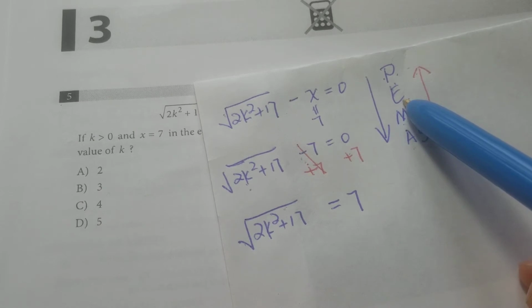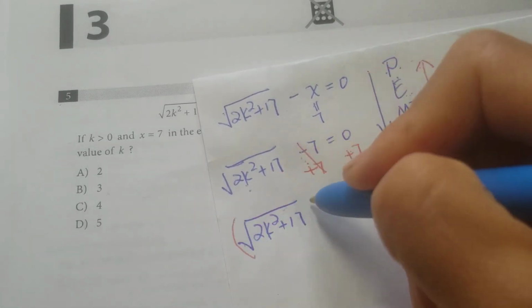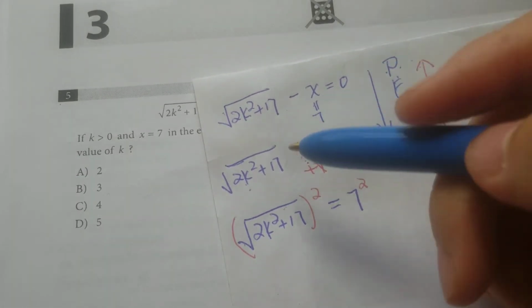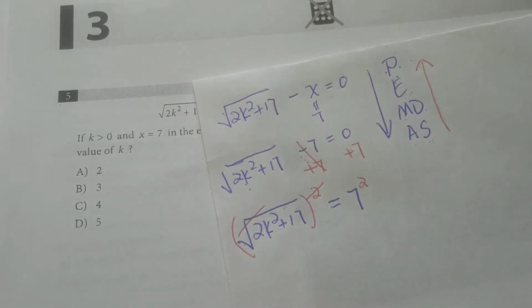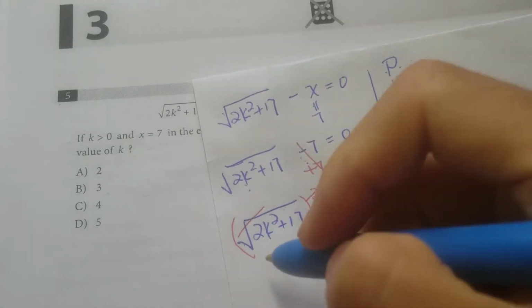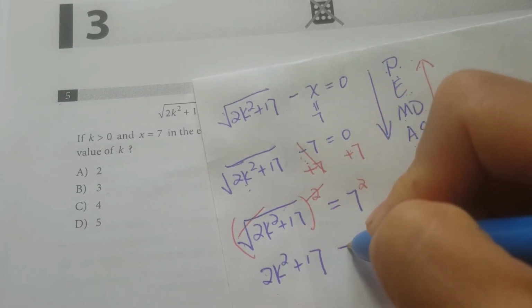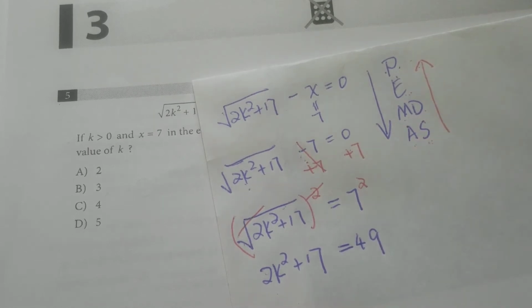Back to the exponent. What is the inverse of square root? We need to square both sides. Square and square root cancel each other. Therefore, we have 2k squared plus 17 equals 7 squared, which is 49.